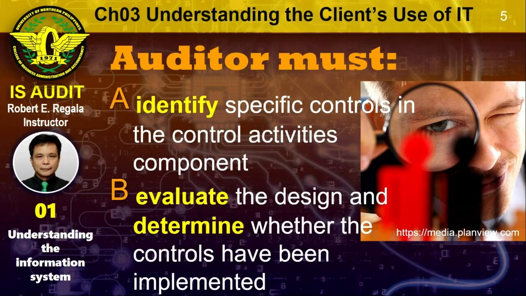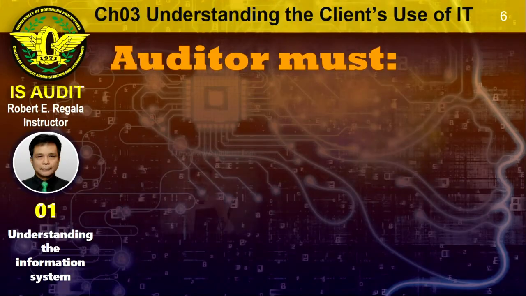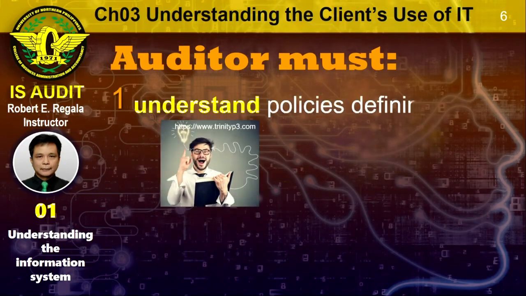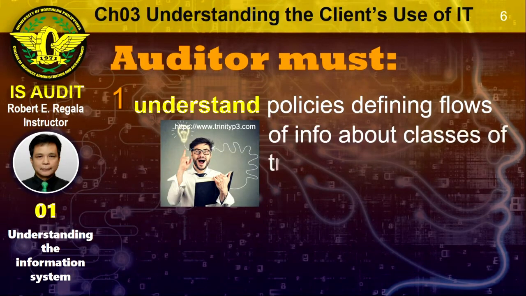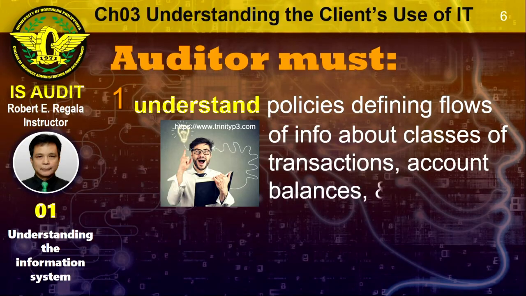The auditor's understanding of the information system includes understanding the policies that define flows of information relating to the entity's significant classes of transactions, account balances and disclosures, and other related aspects of an entity's information processing activities.